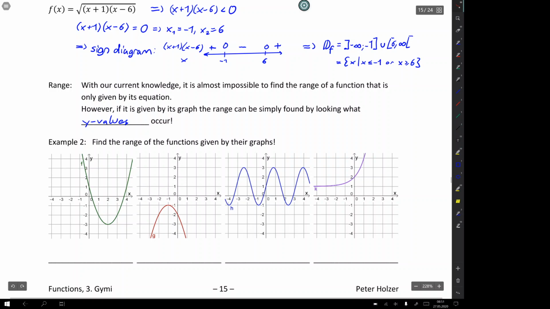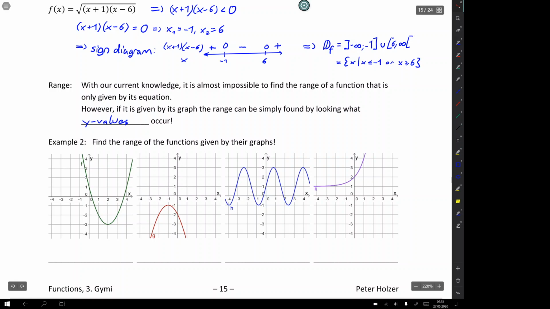We would find a y value of 17 when we are up here on the graph, somewhere here, because this goes on to infinity. However, we will not find a value of y equals -4 on the graph. There is nowhere on the graph a point with y value -4.